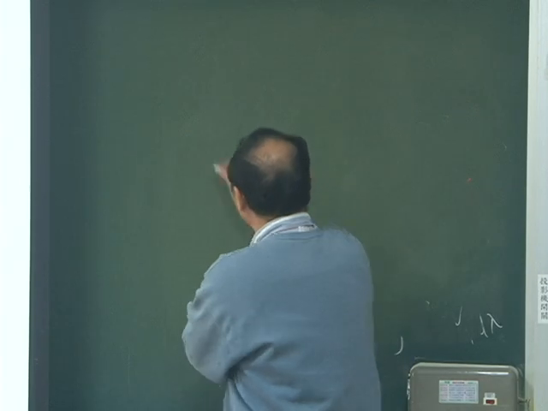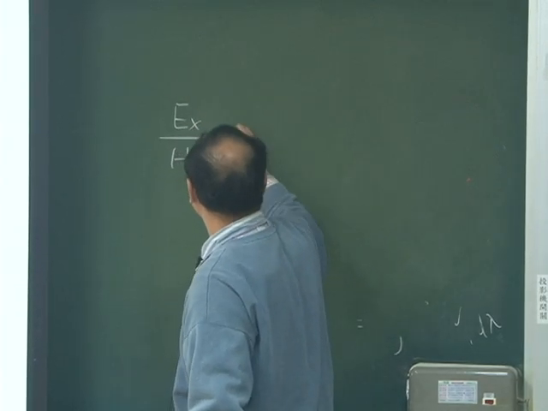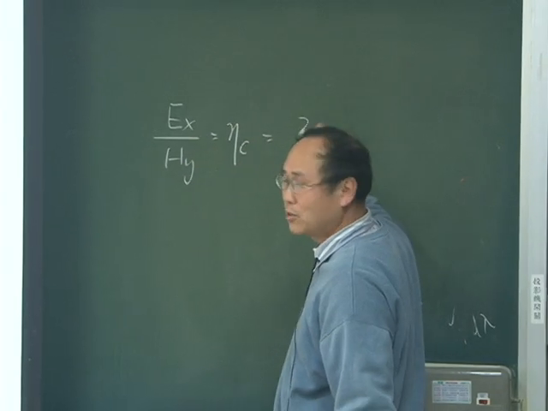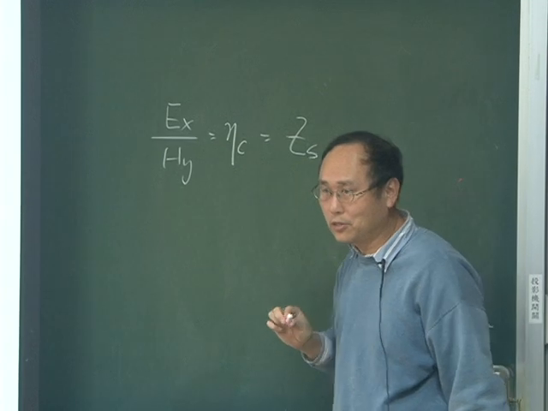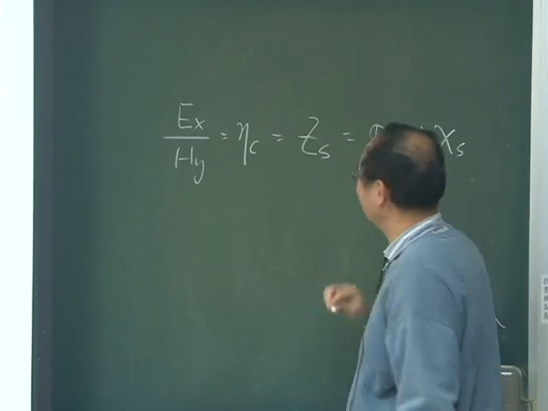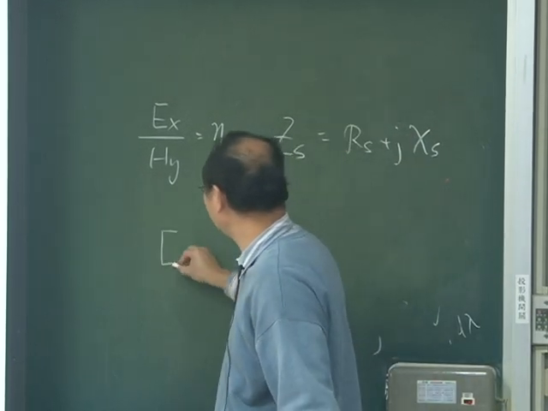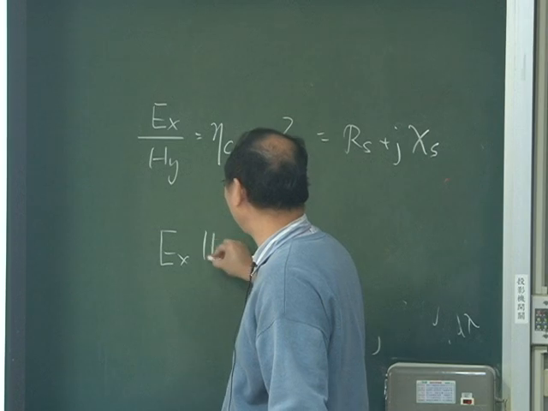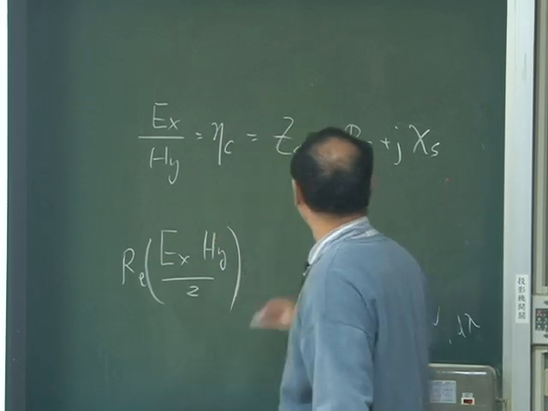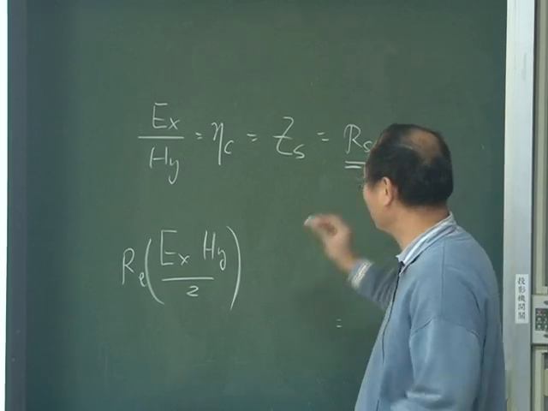if you still remember, this Ex over Hy is equal to eta C, and it is written as Zs, the surface impedance, and it is equal to Rs plus j Xs, right? So if you do Ex cross with Hy, take 1/2 and take the real part of it, you only keep this term.